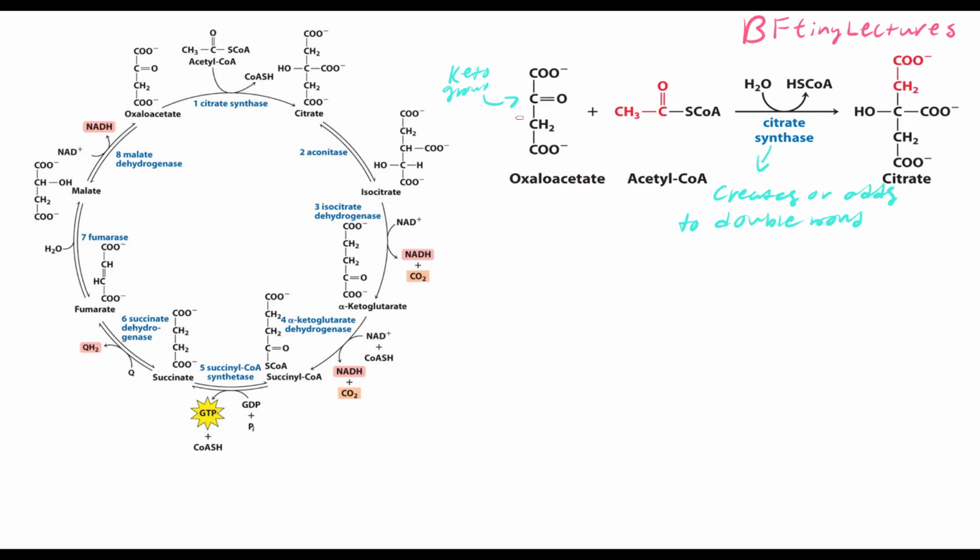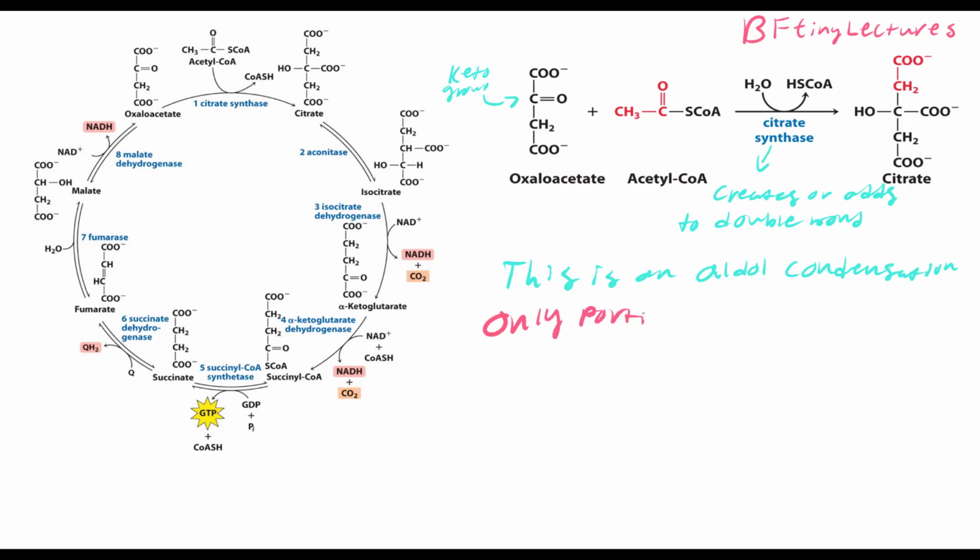That process of adding the acetyl group to the carbon is called an aldol condensation. What else is important? This reaction is the only reaction in the TCA cycle that forms a carbon-carbon bond.